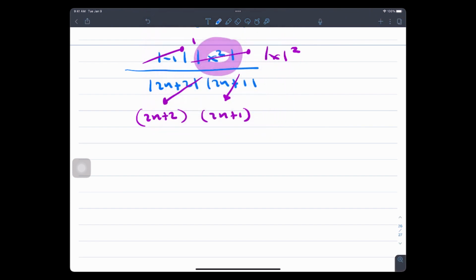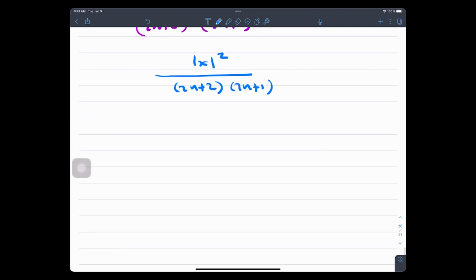So altogether, you have that absolute value x squared essentially over 2n plus 2, 2n plus 1. Okay, so we're just using those algebra properties now.